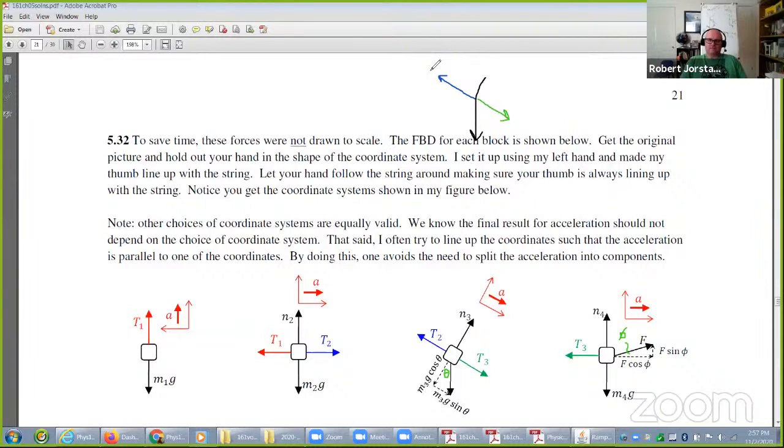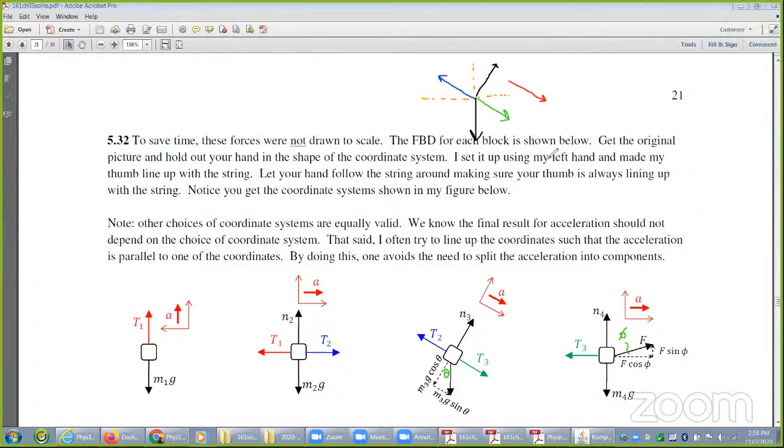And then the acceleration is off this way, right? So here's the deal. There's no reason you couldn't do this coordinate system right here. But if you do that, how many vectors do you need to split up? 3. 4.